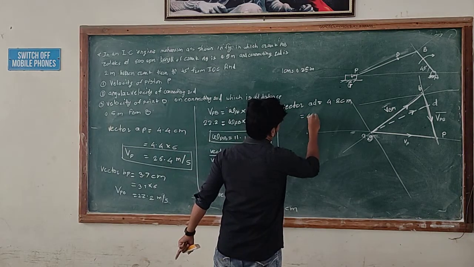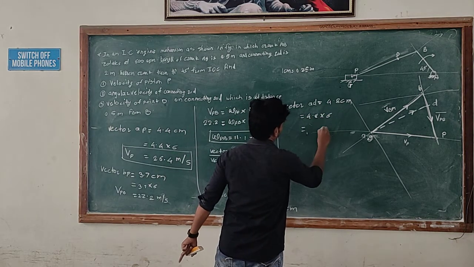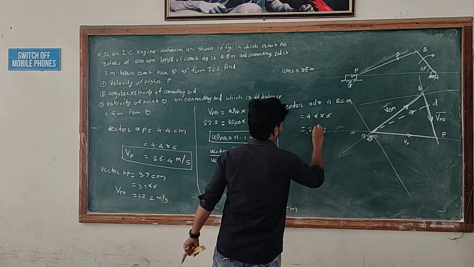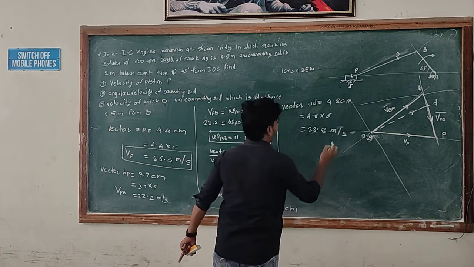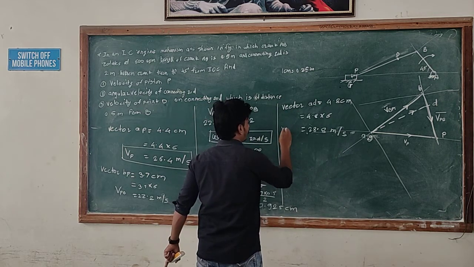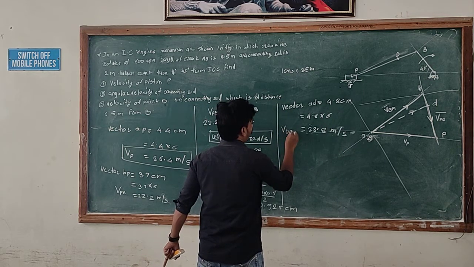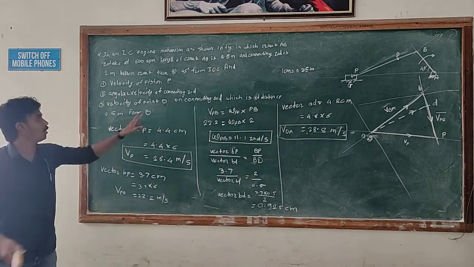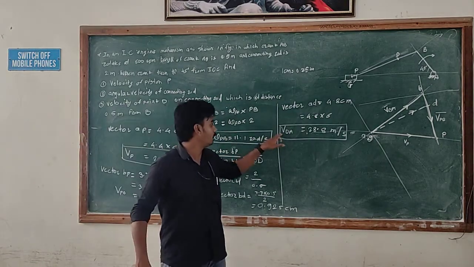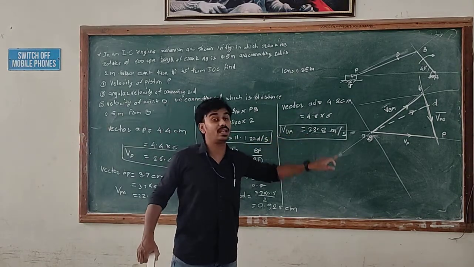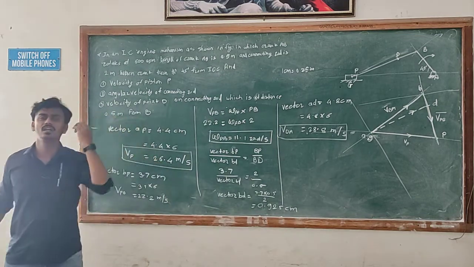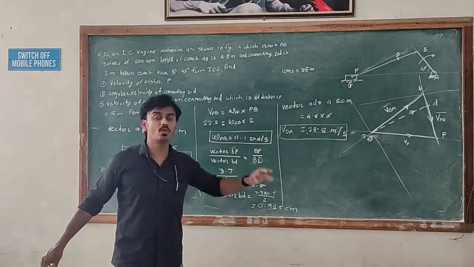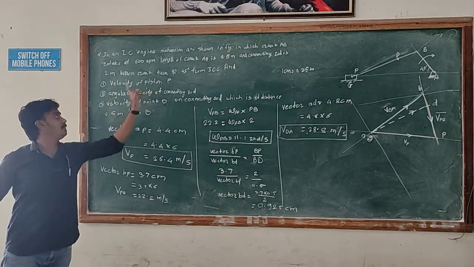So 4.8 into 6 becomes 28.8 meter per second. That is the velocity of the point D with respect to A. As we get the velocity of the point D, the velocity of D with respect to A is 28.8 meter per second.